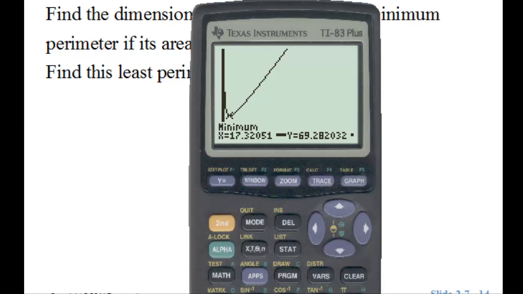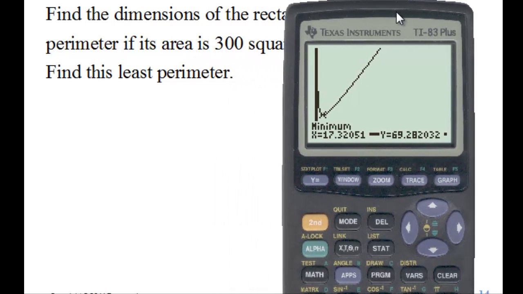So let's interpret this now. The minimum is 69.28, and it occurs when x is 17.32. X was the length of one of the sides. The question is now, what is the perimeter?